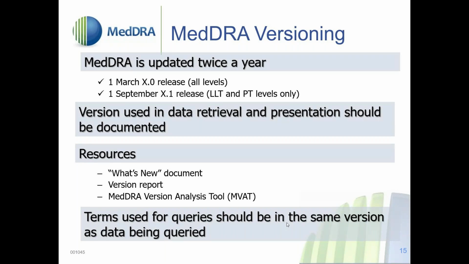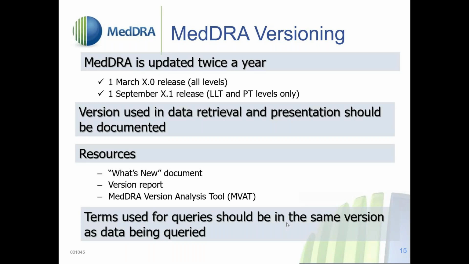And this version report is always comparing the new to the previous MedDRA version. It might happen that you want to compare several MedDRA versions, and it would be quite a lot of work to go through all the version reports.